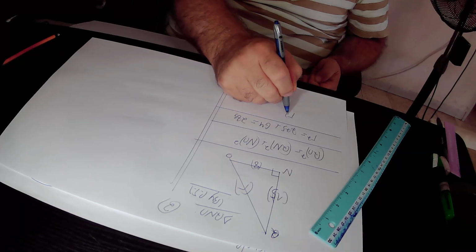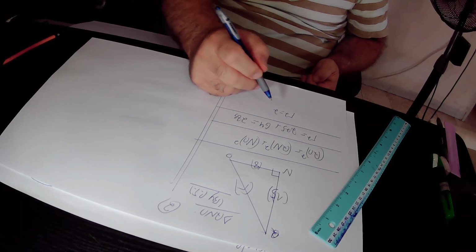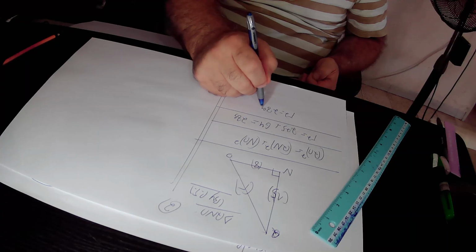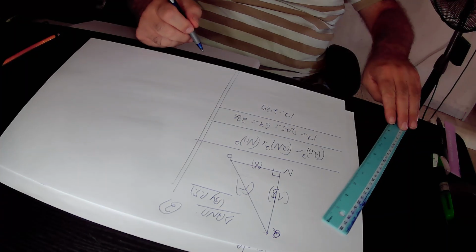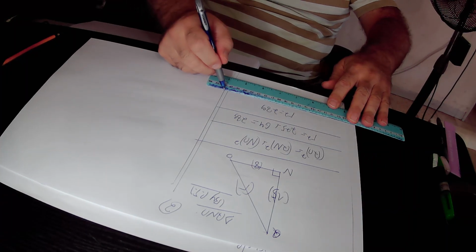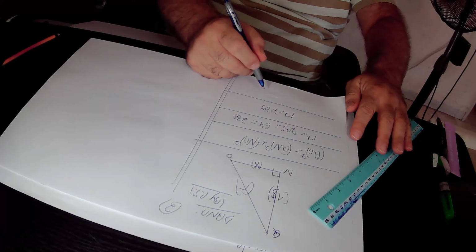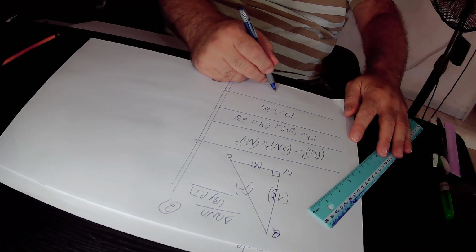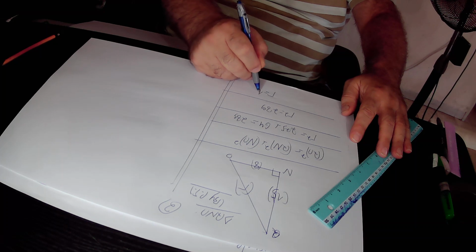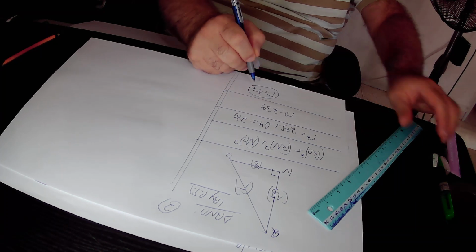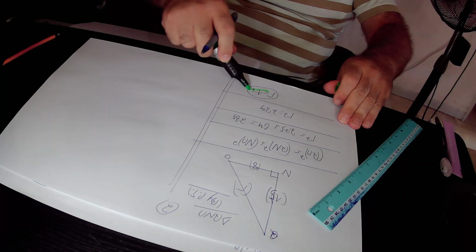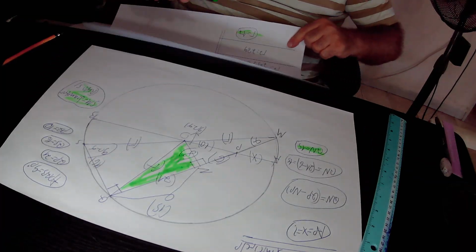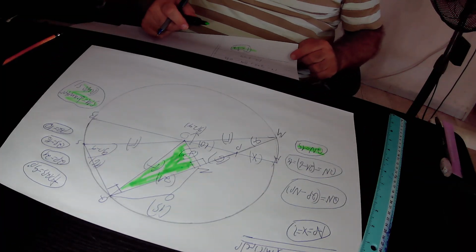So R squared equals 225 plus 64, which equals 289. Taking the square root, R equals the square root of 289, that is 17. So the radius R of this circle is 17 units in length.